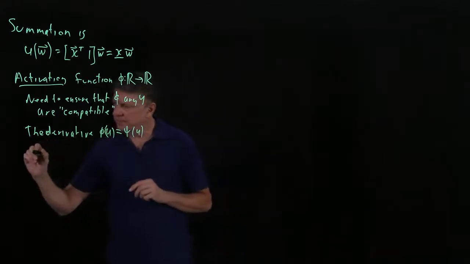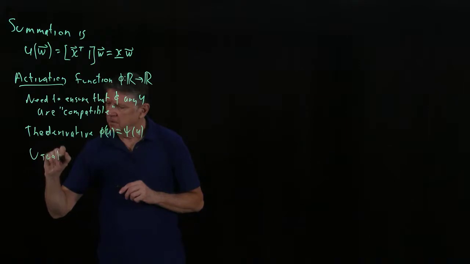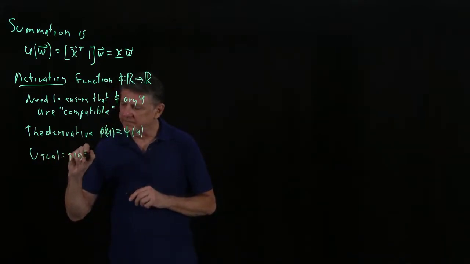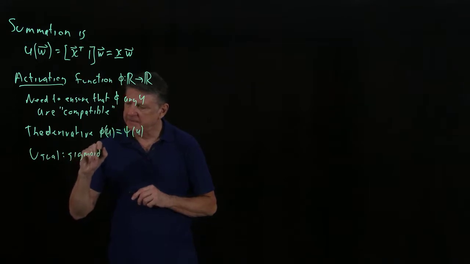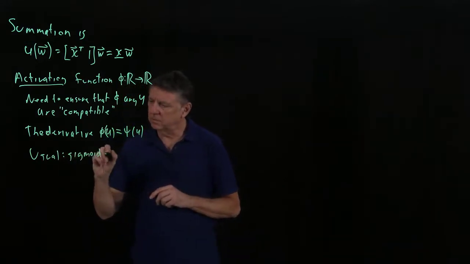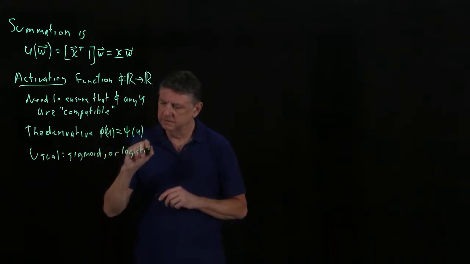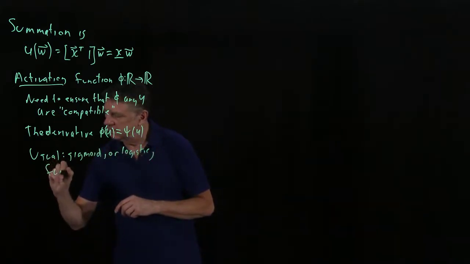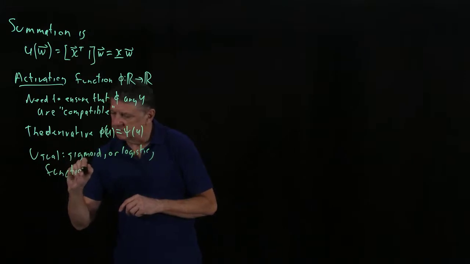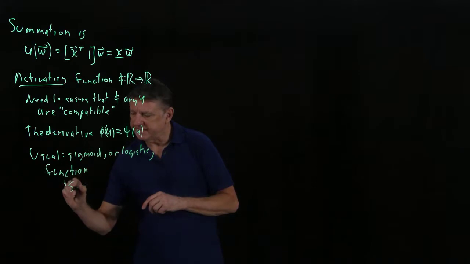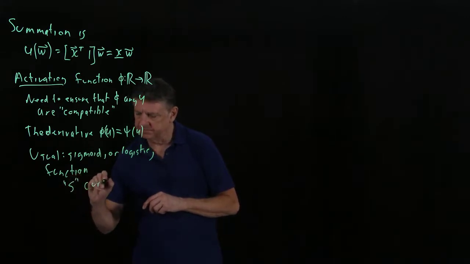So the usual one is the sigmoid, also called the logistic function. It's called a sigmoid because its graph has an S-curve.